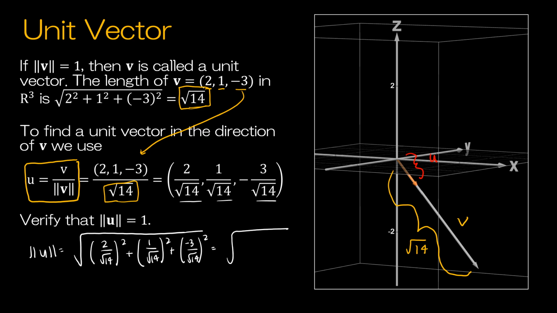So again, I'm still in the square root. 2 squared is 4, radical 14 squared is 14 because the square root and the squared cancel. Same thing, 1 squared is 1, radical 14 squared is 14, and negative 3 squared is positive 9, and radical 14 squared is 14. So that gives me the square root of 4 plus 1 plus 9, which is 14 over 14, which is the square root of 1, which is in fact 1.